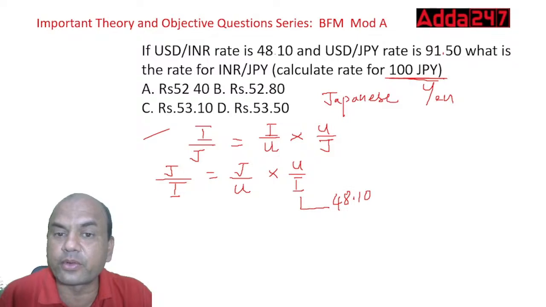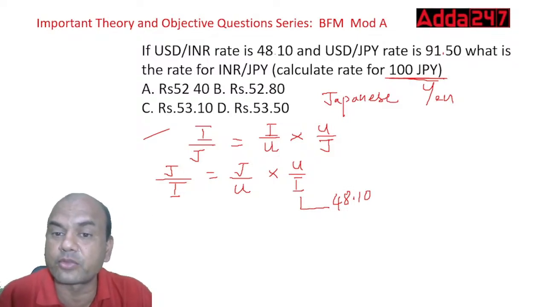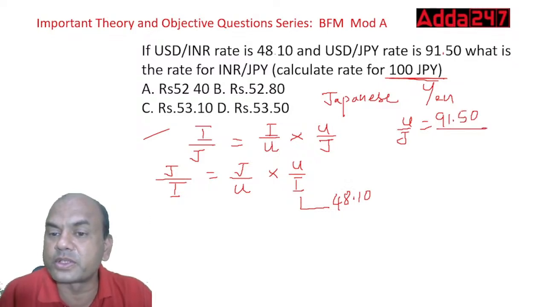And this JPY to USD, you don't know. This is 91.50, but that is USD to JPY. So if I want JPY to USD, it is upon 1, so JPY to USD equals 1 upon 91.50. That will be the rate.